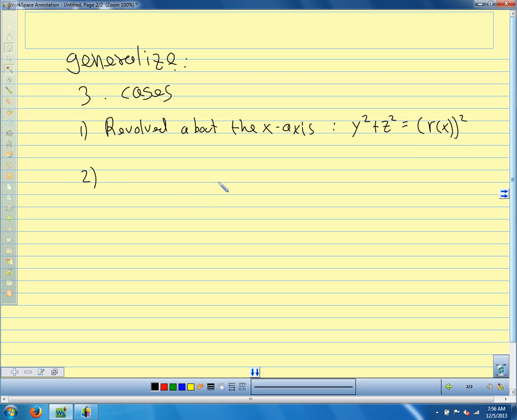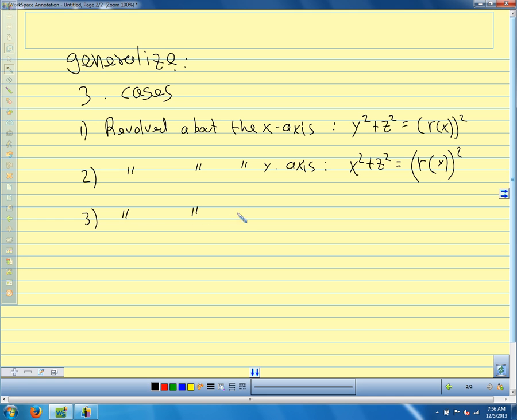And if I want to talk about the y-axis, I get x squared plus z squared equals some function of y squared. And then we already talked about the z-axis.